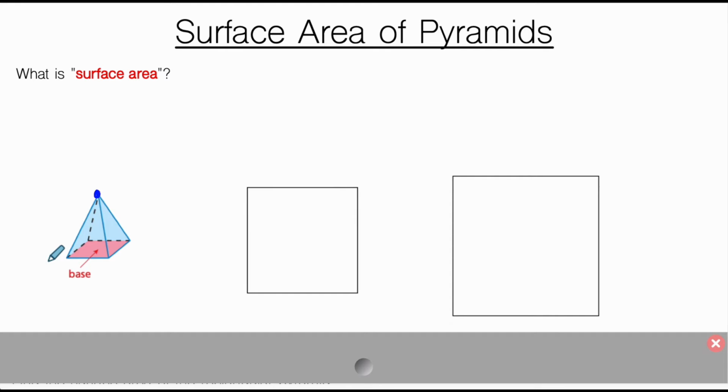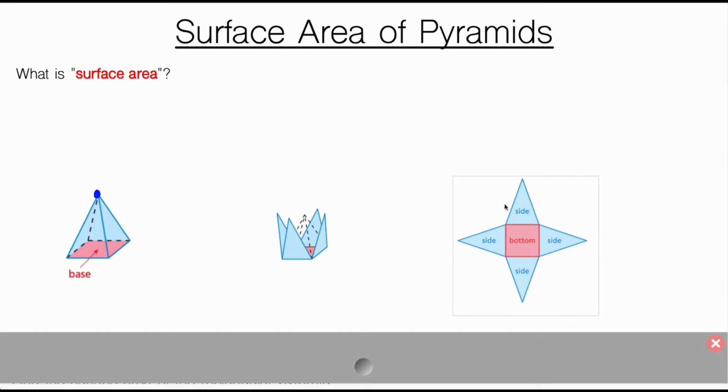So first, we need to visualize what a rectangular pyramid looks like laid out flat, aka what its net looks like. This reminds me of a flower opening up, like the petals are unfolding, and then here it is laid out flat.